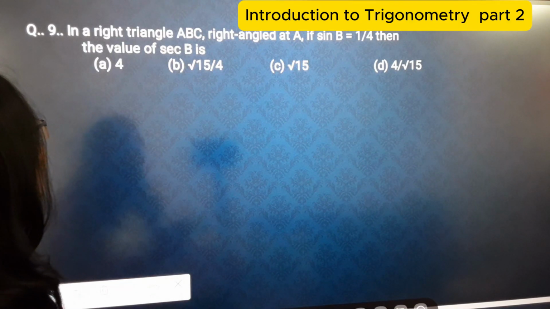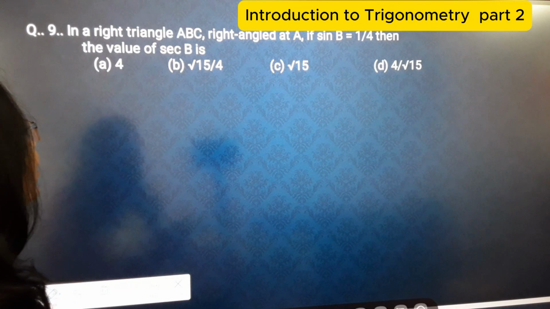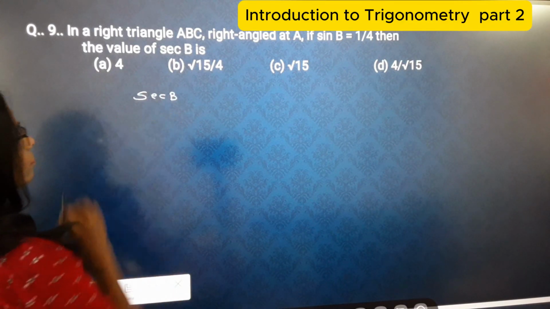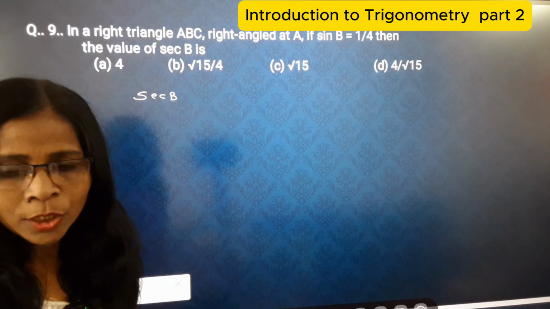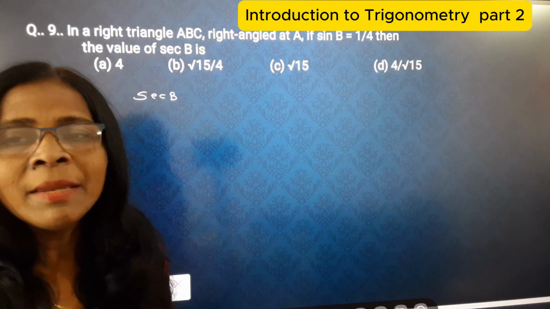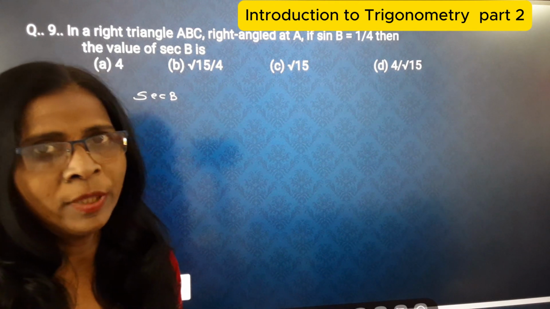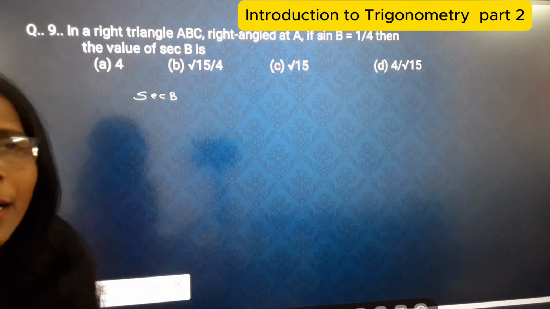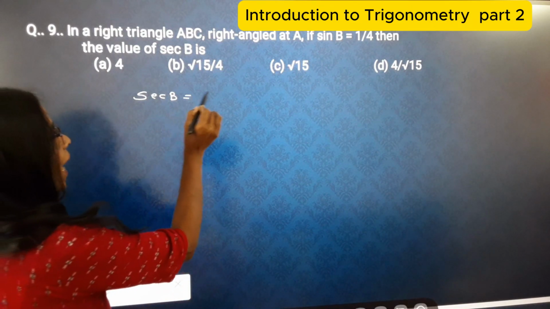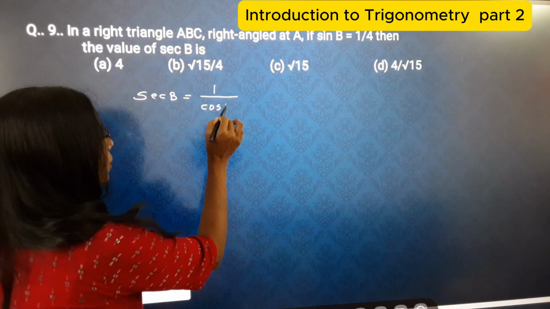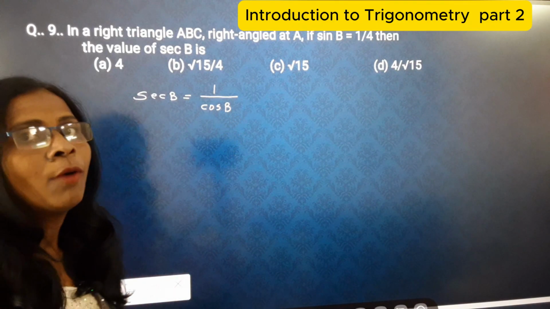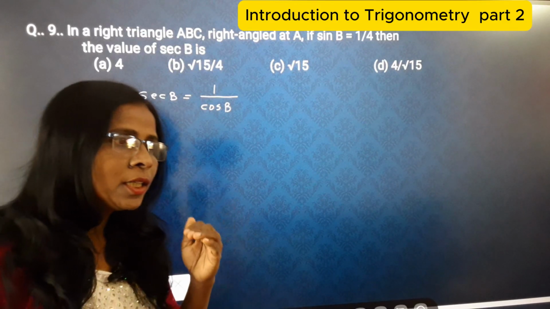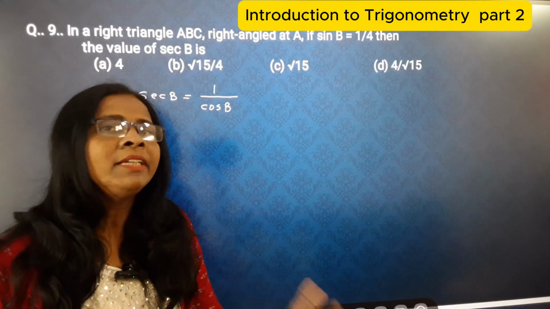Now we have to find the value of sec B. Sec B means 1 upon cos B, and that's why we write sec B as 1 upon cos B. Now students, what is the formula or the identity related to cos B?